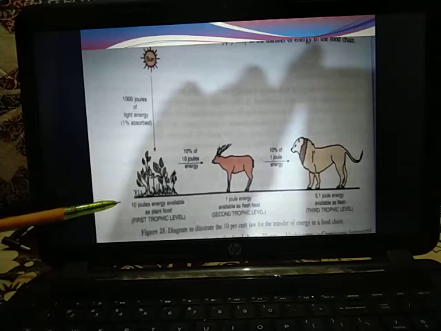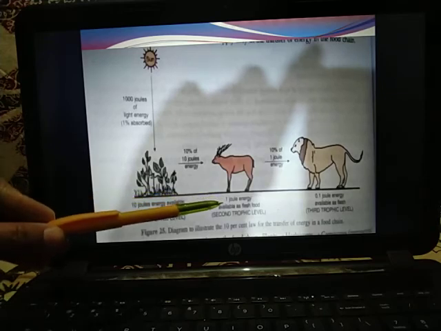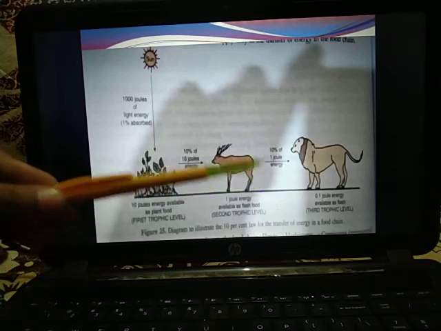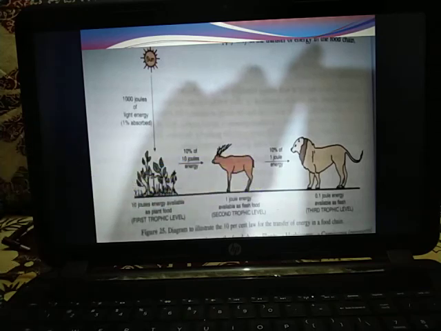Then 10% of 10 joule, only 1 joule, will be transferred, and again 10% of 1, that is 0.1 joule of energy. That means only 10% of the previous energy will be supplied to the organism.